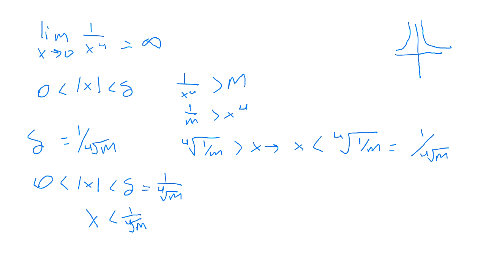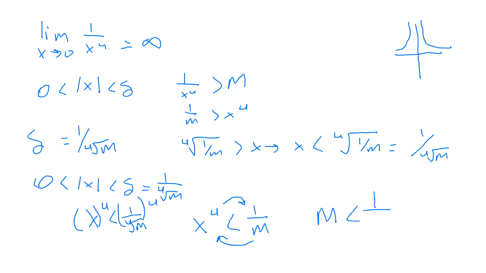So now let's take everything up to the 4th. We now get x to the 4th is less than 1 over m. Well, we can move stuff back across, and so we are left with m is less than 1 over x to the 4th, which is what we just wanted to make sure to prove.